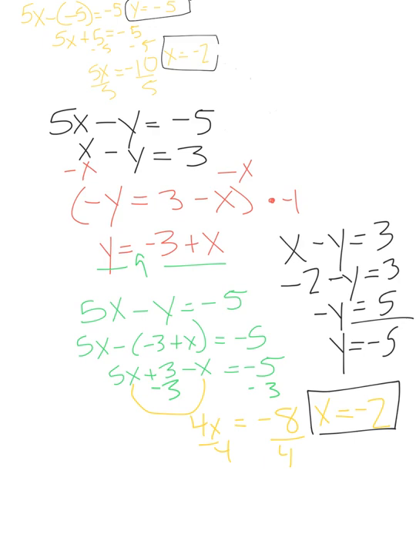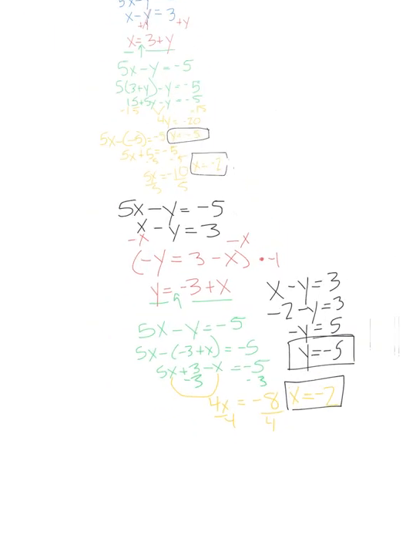Okay, so there we go. I just wanted to go back and show you that you're going to get the same answer either way. You can see the first time through I solved for x and then I found y, got the same values as if I would have solved for y first and then found x.